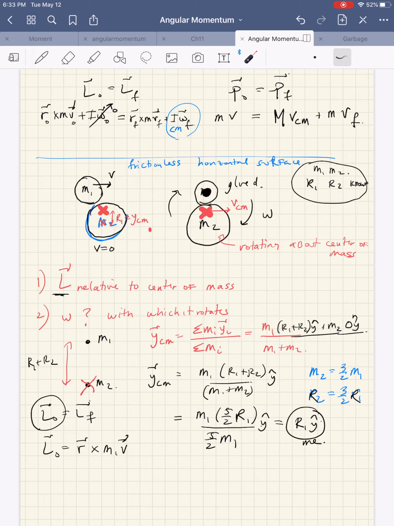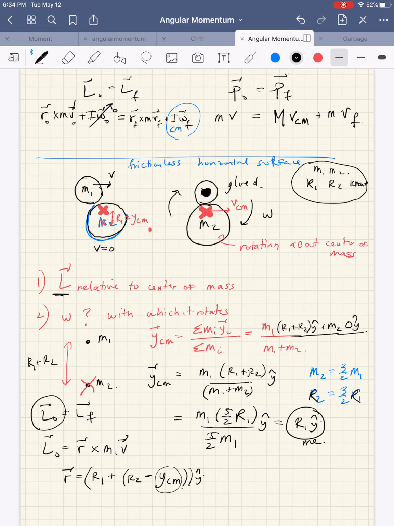R then will be equal to R1 plus the difference between R2 and your y center of mass, in the y hat direction.